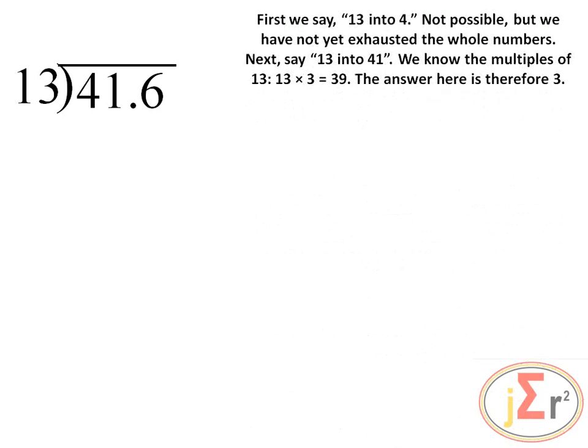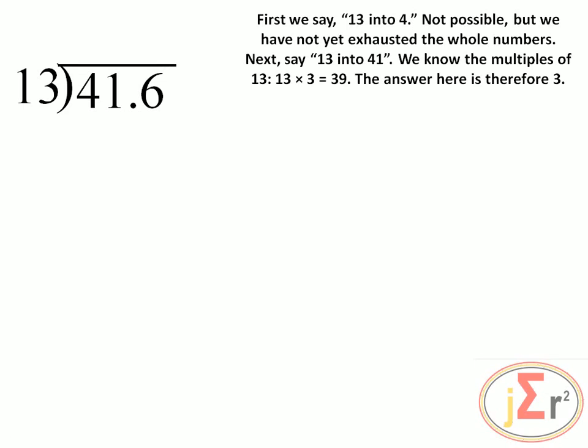First, we say 13 into 4, and that is not possible. But we have not yet exhausted the whole numbers. Why? Because we have not gone past this decimal point.